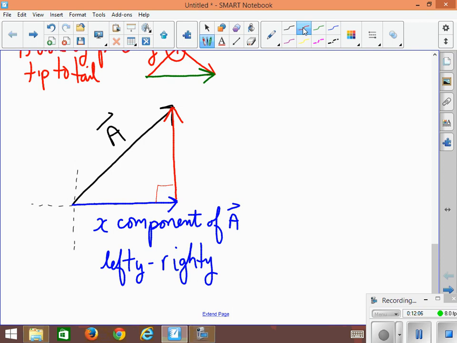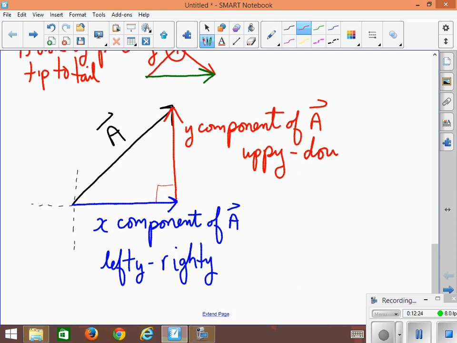And then the other one is what we call the y component of vector A, which is a measure of the uppy-downy-ness. How much of this vector is uppy-downy?